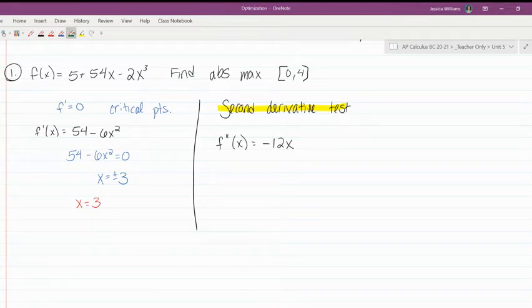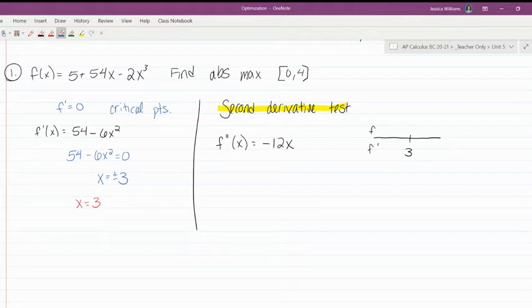So this value, x equals 3, I already know is a critical point, which makes it a potential max or min. Last week, we were doing those super fun number lines, and we could do that again, where we do f and f prime, and we could plug in to see if it changes from increase to decrease or decrease to increase. This is another option.